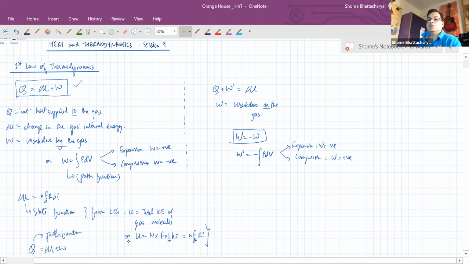So Q also has to be a path function. So hope this is clear to all of you. Please ask me if there's any doubt.